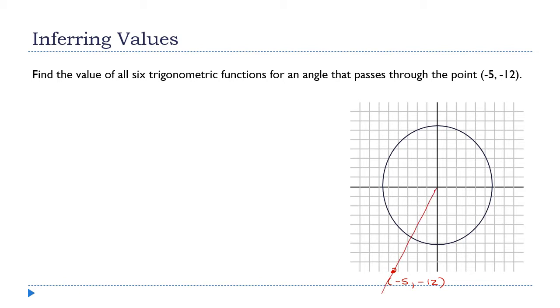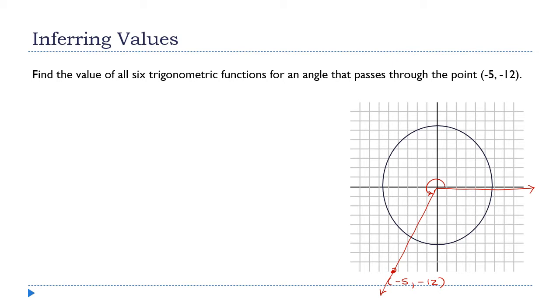The angle that this represents is here. This is my terminal side, and the initial side is where it always is. So this is the angle that we're talking about. I don't know how many degrees it is, how many radians, but that's okay.